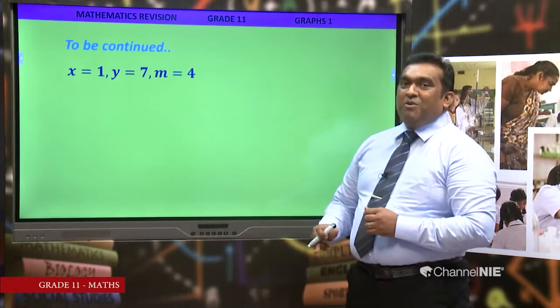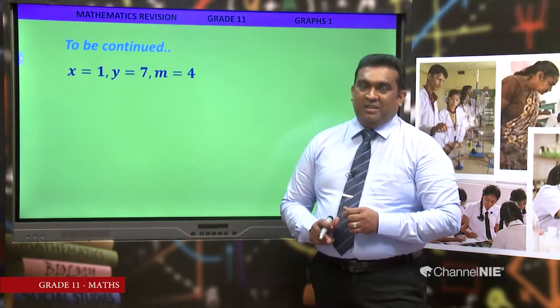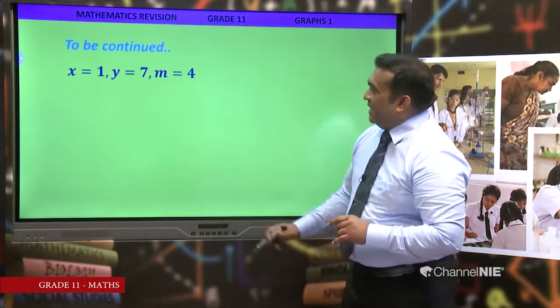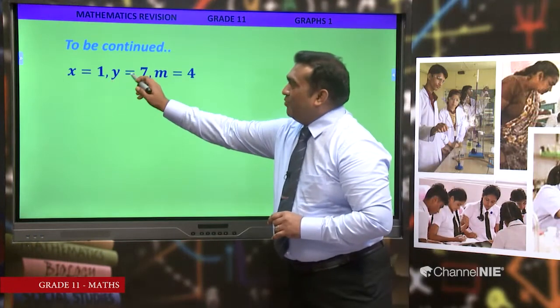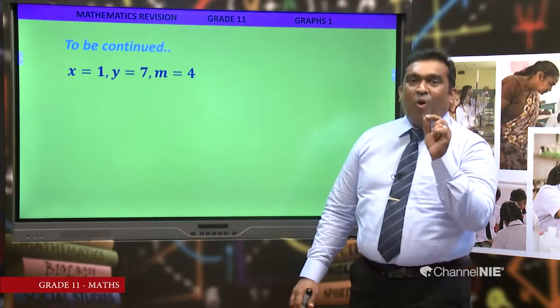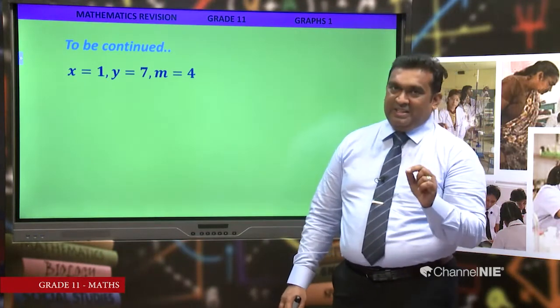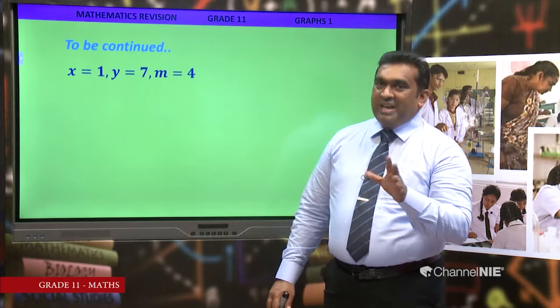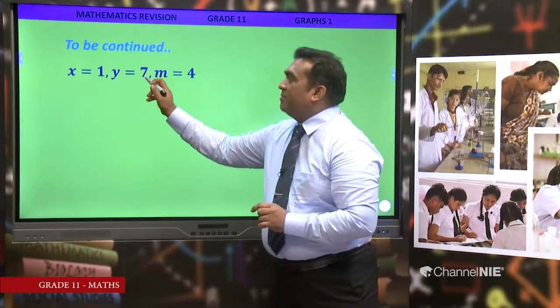We want to find the value of c. We have the gradient. X coordinate is 1, y coordinate is 7. You can consider any point on the straight line. I considered the point (1, 7).